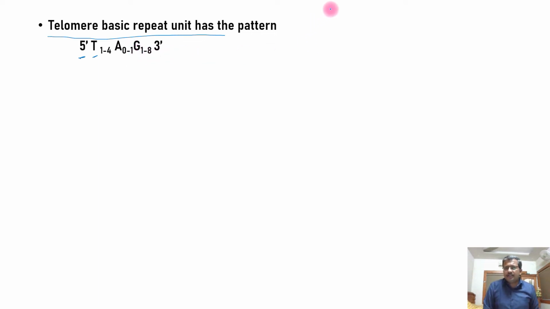As I just discussed for the human TTAGGG, you can see that T is repeated 2 times, A appears only one time, and G is repeated 3 times, forming this particular tandem repeat, which is repeated many times.